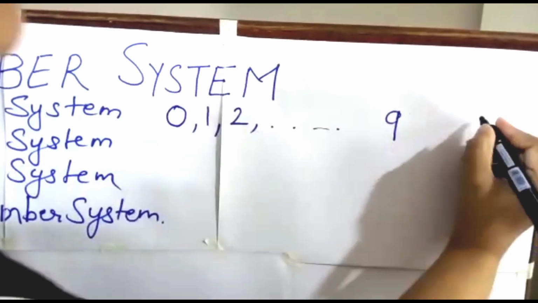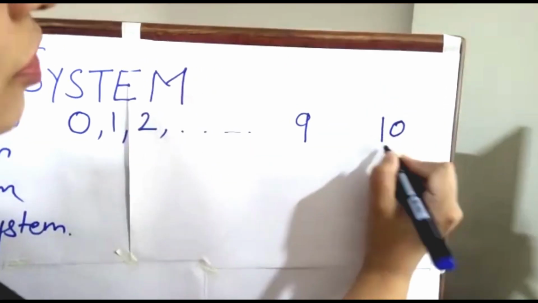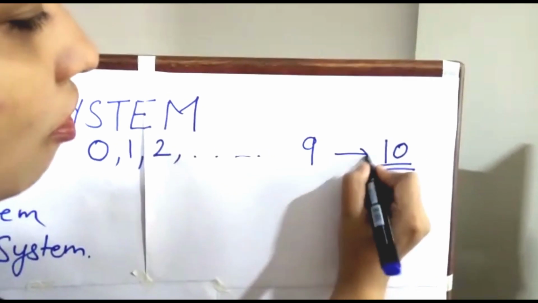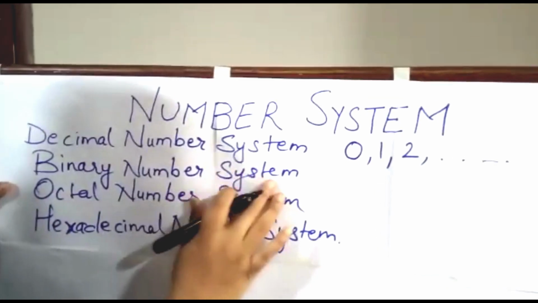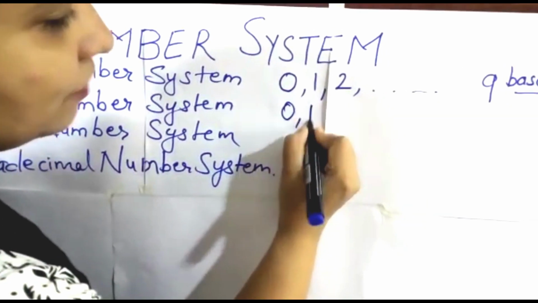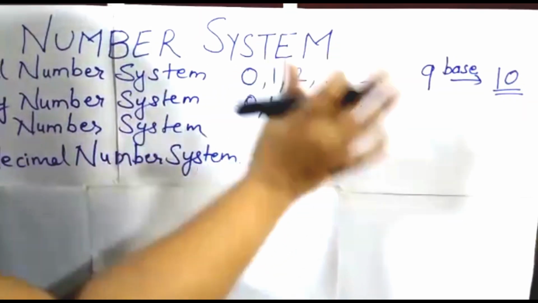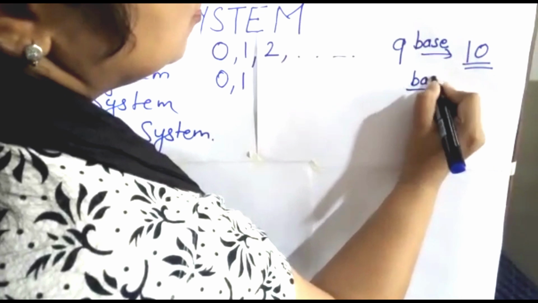So, this is called decimal number system and its base is 10. So, 10 is the base of decimal number system. And in binary number system, we are using only two digits, that is 0 and 1. Therefore, it is called as binary number system and its base is 2.